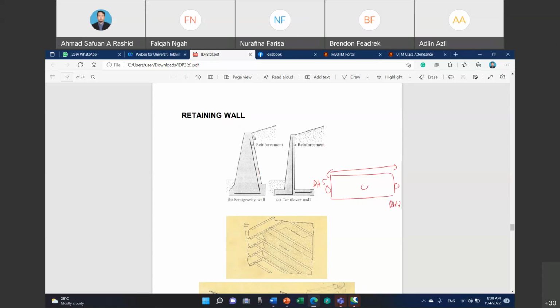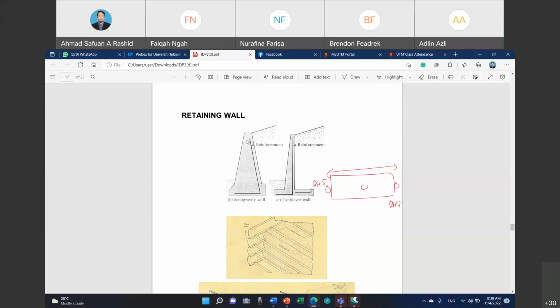Okay. So kalau awak tak design for the retaining structure, so awak perlu ambil beberapa lagi kawasan untuk design slope supaya dia dalam keadaan yang stable. Okay.